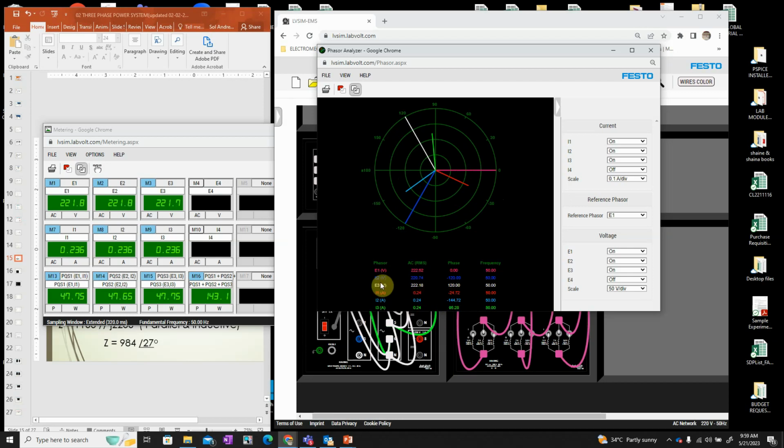So let's say I1, with respect to this phasor, it is minus 24. What is I2? I2 is minus 144, with respect to this phasor here it is 144 degrees. And the other one, I3, is on this side; you can also write positive 95 degrees, or just 360 minus 95, taking the angle the other way around.